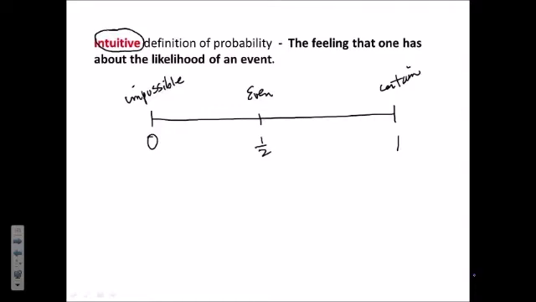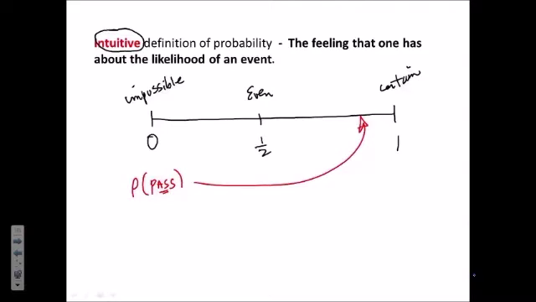Now, if you say to yourself, there's a pretty good chance that I'm going to pass this class, I'm using my intuition to say the probability that I pass is pretty good. I feel very confident about that. Well, now you're talking about a number here. Maybe the probability is 80% or 90% if you're more certain, if you feel confident about the class.